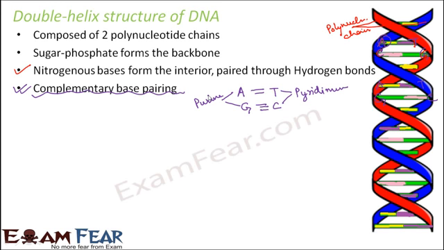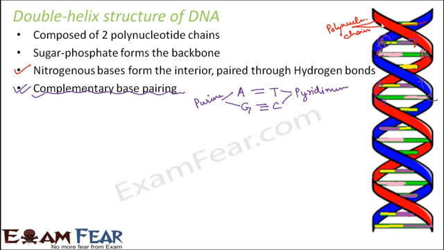Due to this kind of complementary base pairing, the process of replication of DNA is very, very easy. What do we mean by replication? That means creating a copy of DNA. That copy creation is easy due to the complementary base pairing. If we know the sequence of one strand of DNA, then we can determine the sequence of the other strand.